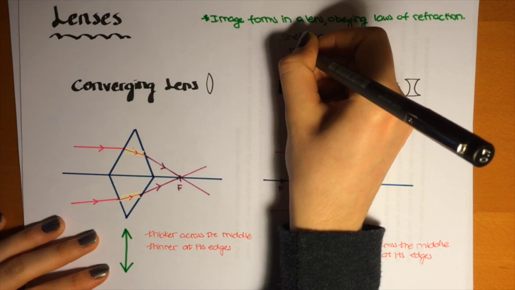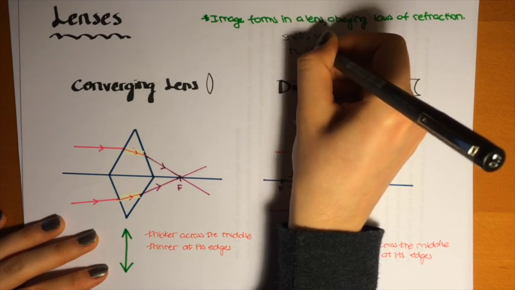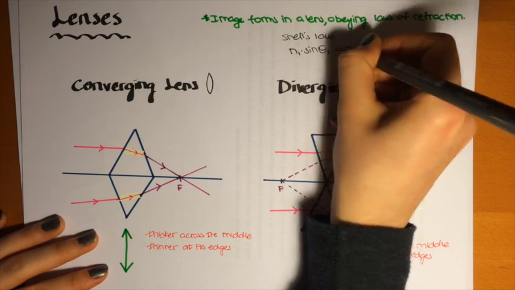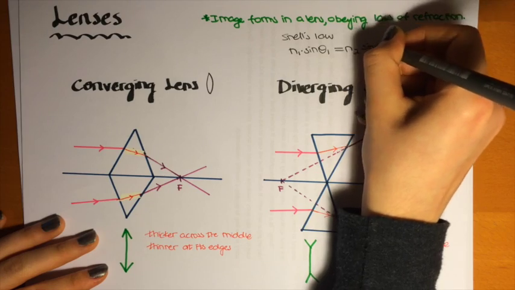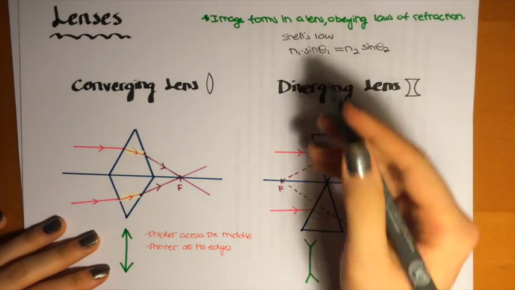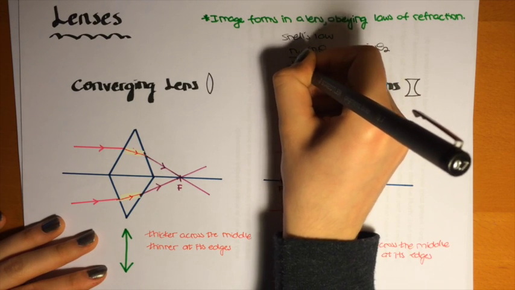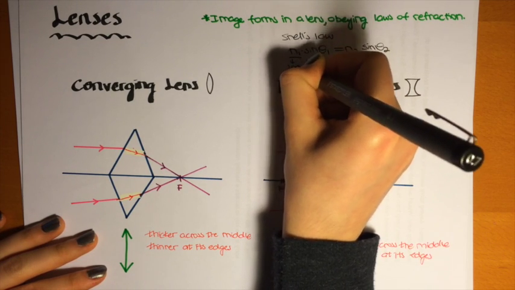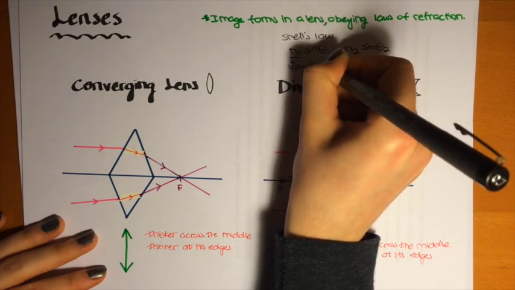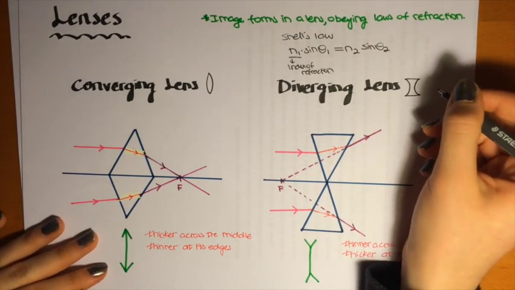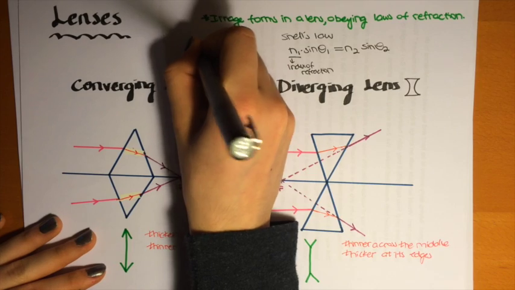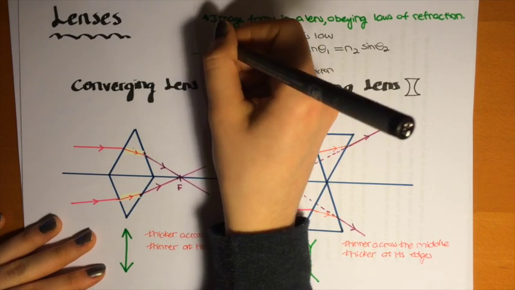It's n1 times sine theta 1 is equal to n2 sine theta 2. The n is the index of refraction. And sine theta is the angle which it comes to the surface.